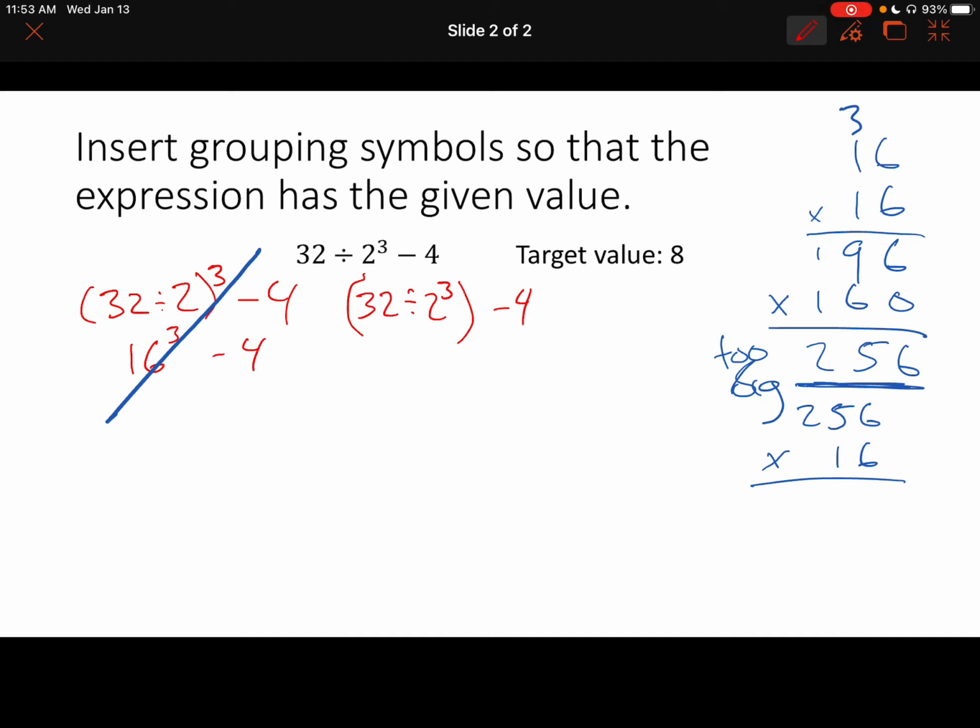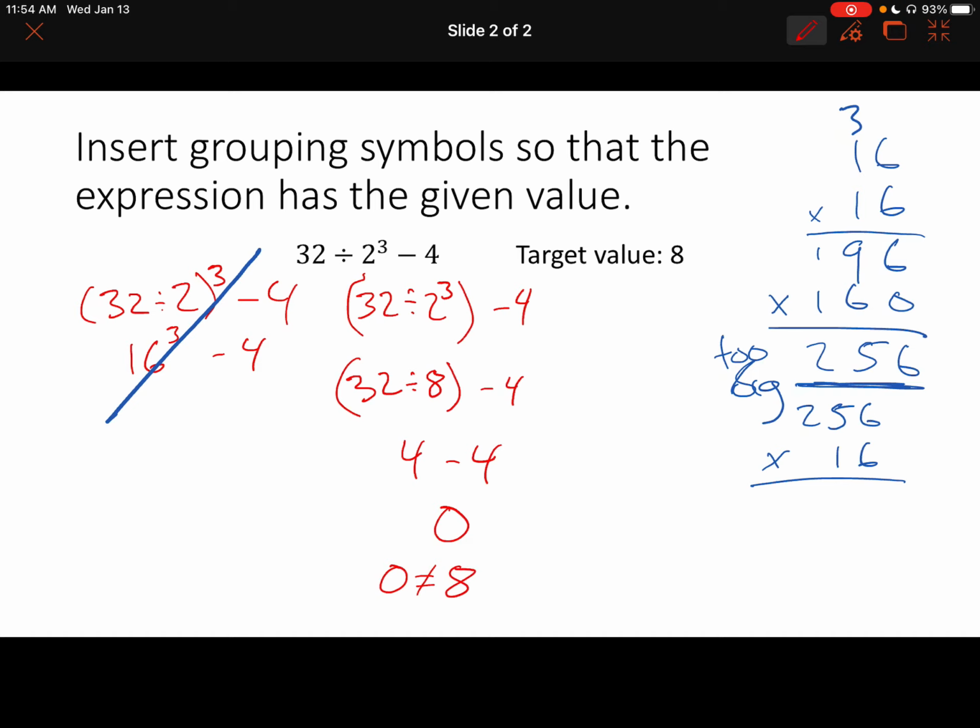Then let's try another one. We will do 32 divided by 2 to the power of 3, put parentheses around there, and subtract 4. Okay, so we work inside the parentheses first.